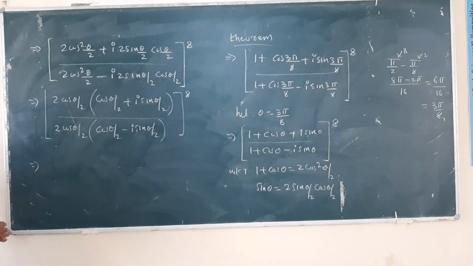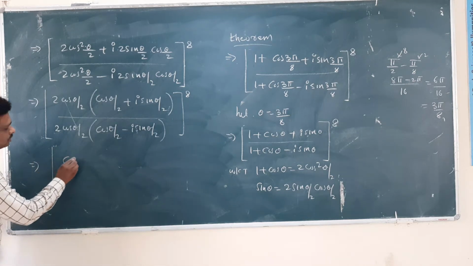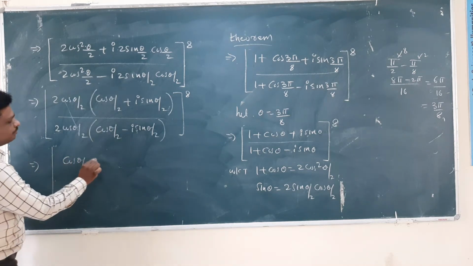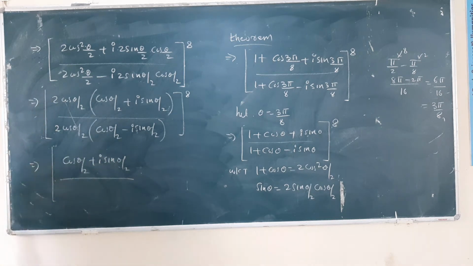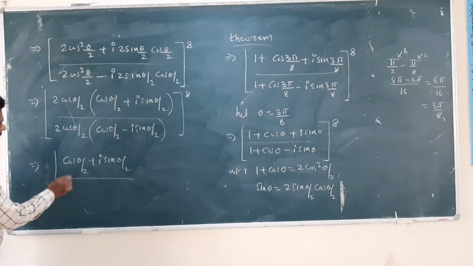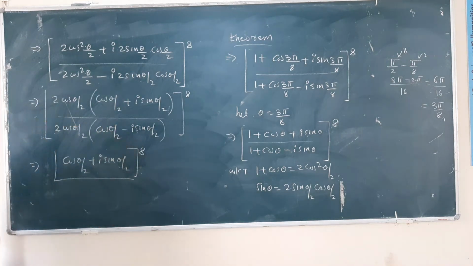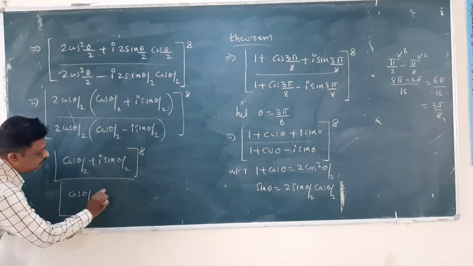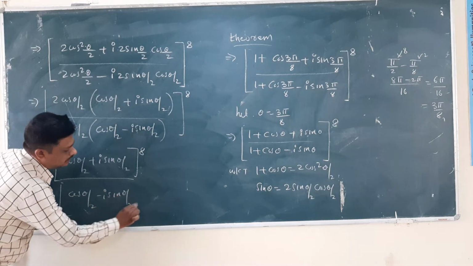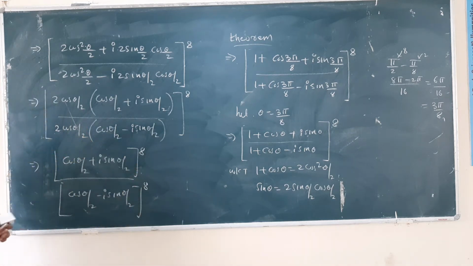So this implies (cos θ/2 + i sin θ/2) divided by (cos θ/2 − i sin θ/2). I will separate the power instead of writing a common power: the numerator as it is, raised to 8, upon (cos θ/2 − i sin θ/2) to the power of 8.